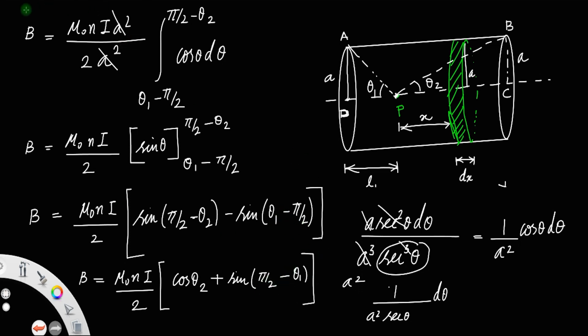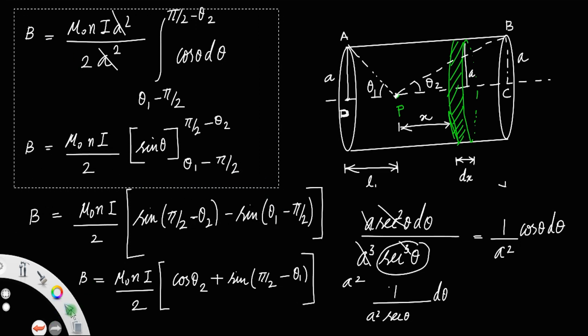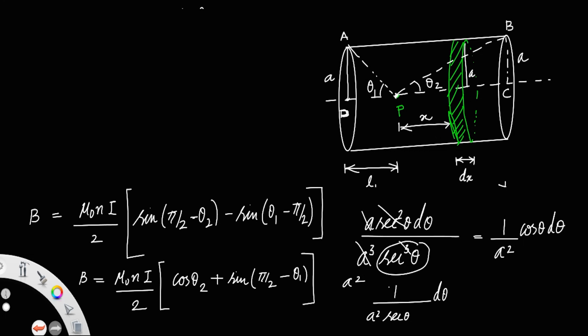Now, we know sine pi by 2 minus theta is cos theta. So B is equal to mu 0 n I divided by 2 cos theta 2 plus cos theta 1.